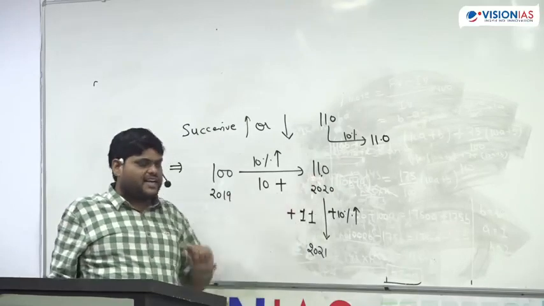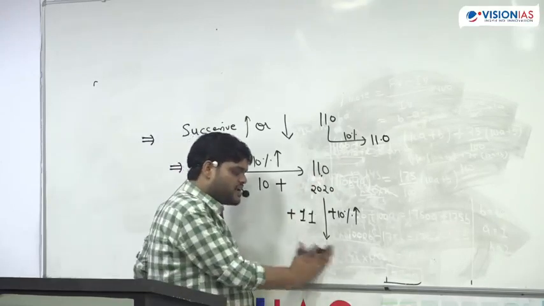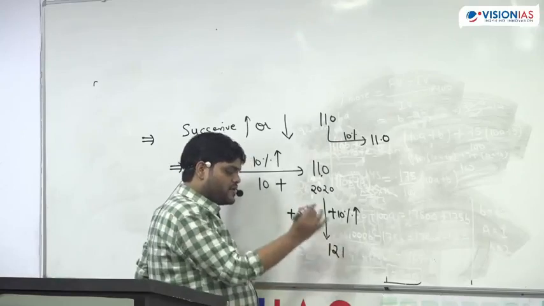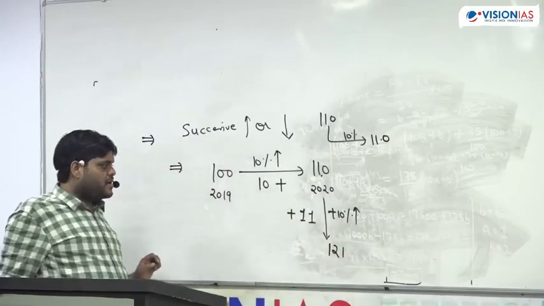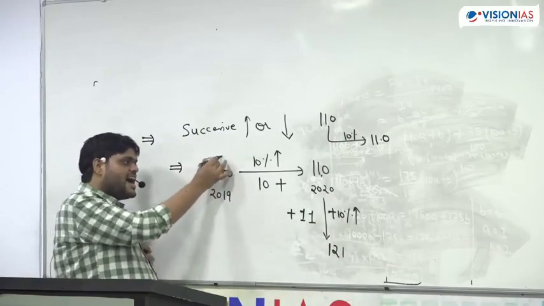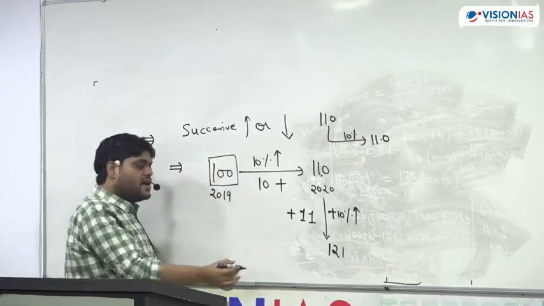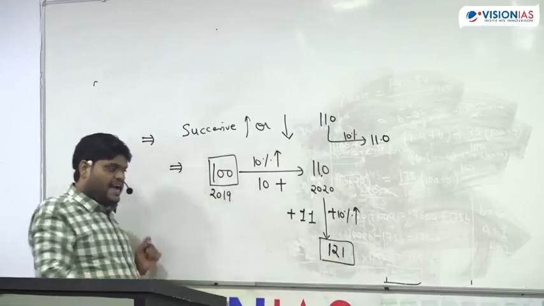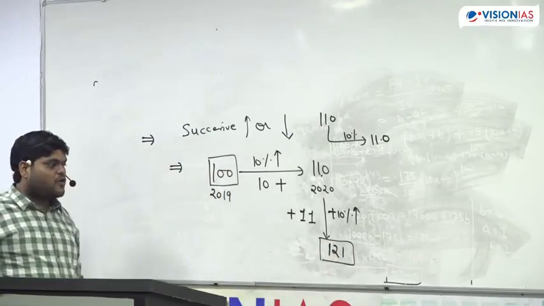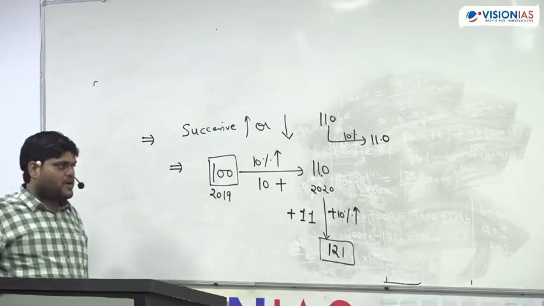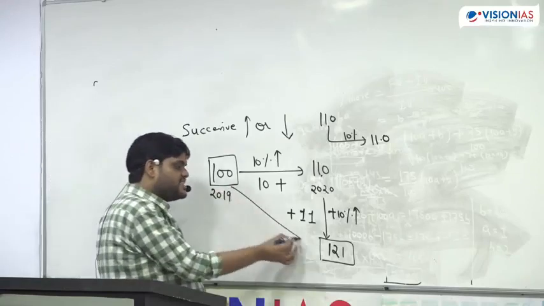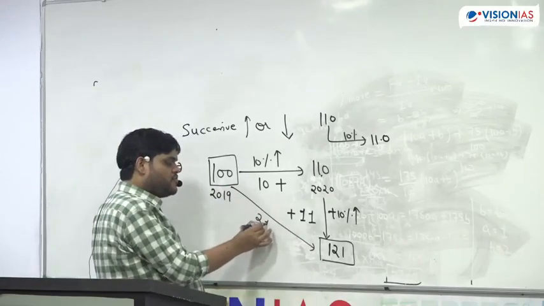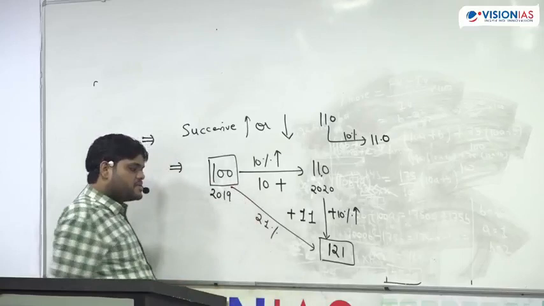So if I add 11, now this becomes 121. So now you can see that anything was 100, now the population becomes 121. That means there is an increment of 21%.